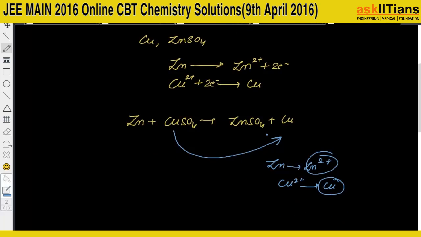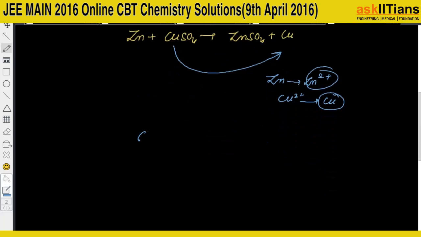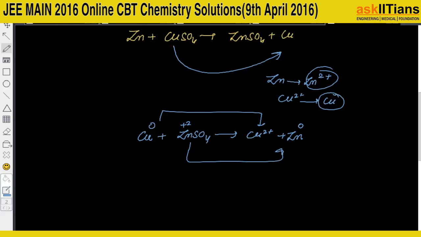But in this particular question you are asking me to go the other way around. That means you want copper 0 to react with ZnSO4 in the +2 oxidation state to form Cu2+, and zinc should get reduced, which is not the favorable condition, and hence I should say that there won't be any reaction taking place in the above reaction.